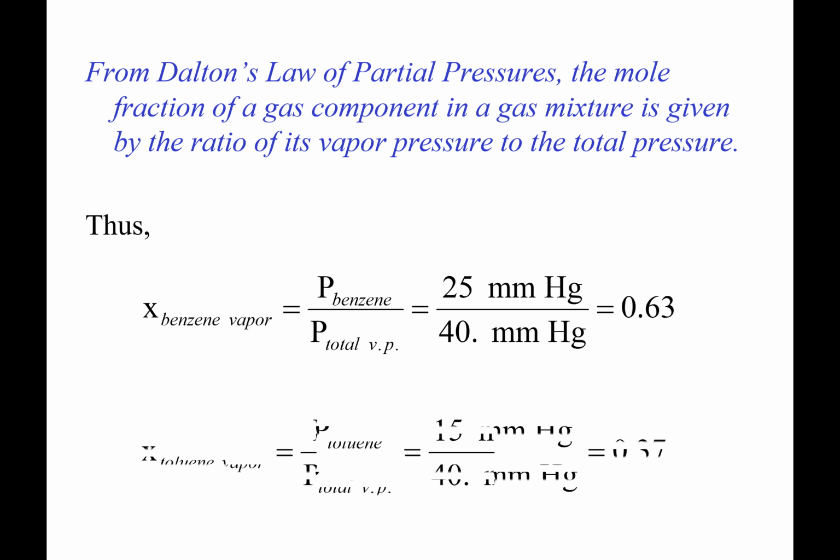Well, we could. So for the mole fraction of toluene in the vapor, we again take the partial pressure of toluene, which was 15 millimeters of mercury, and divide it by the total pressure, which is 40 millimeters of mercury, giving it 2 sig figs, and you end up with 0.37.